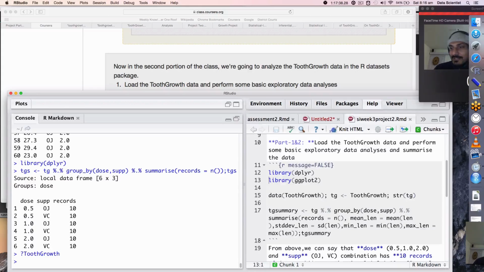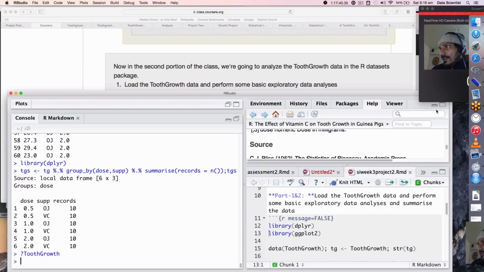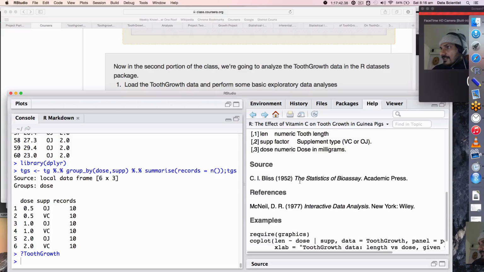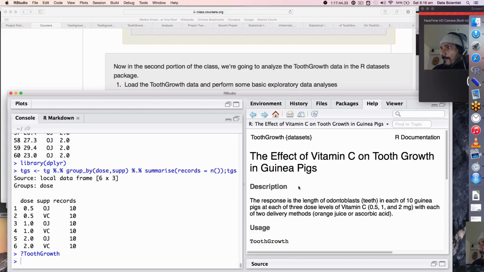Does it tell me anything? That is why sometimes reading help is good. The help says response is the length of teeth in each of the 10 guinea pigs at each of the 3 dose levels. When you use the word each, which means what? With each of the 2 delivery methods.